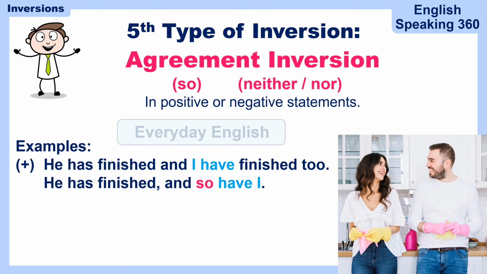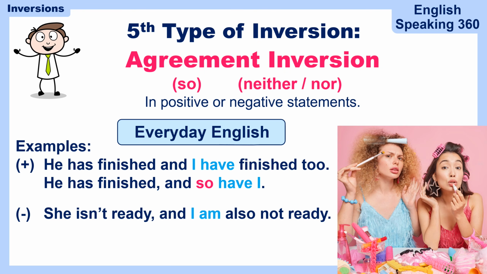Now both of these are everyday English. Both styles are very, very common. Now let's move on to negative statements. She isn't ready and I am also not ready. Now this sentence is a little bit weird, but I wanted to put it there to show you what someone would say without an inversion.